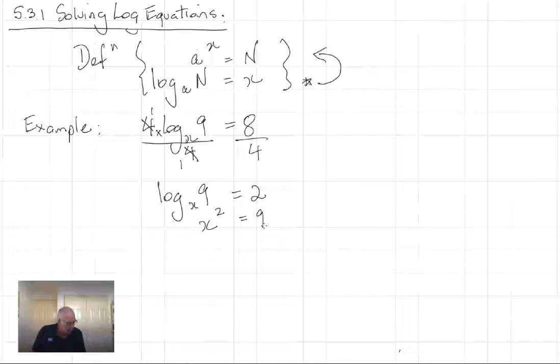What possibilities do we have for x? If we find the square root of both sides, we get x equals plus or minus the square root of 9, which is plus or minus 3.